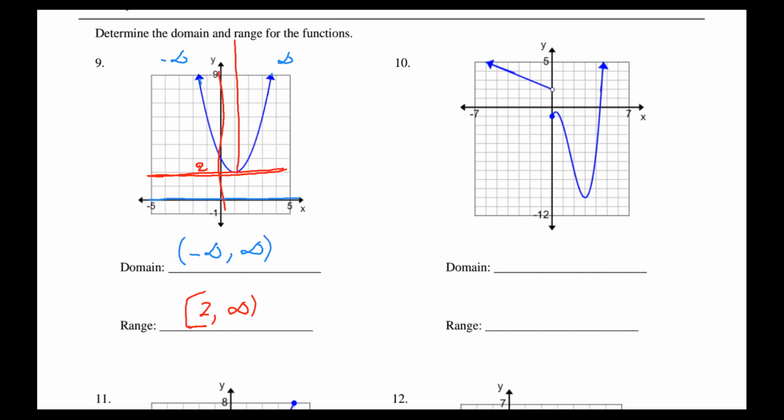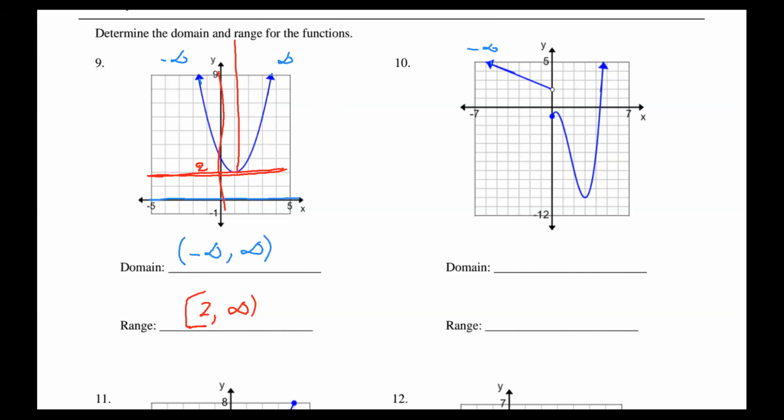Next, for the next problem, let's look at the domain. Now the domain is the x value. So the graph, there are two pieces here. The first one is starting from negative infinity, right? And it stops at, this is the value of 0.